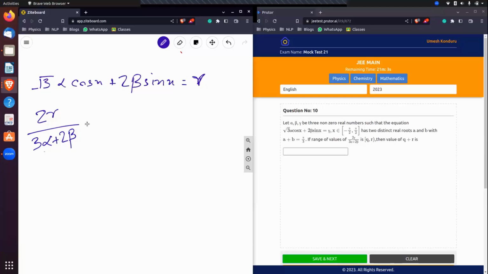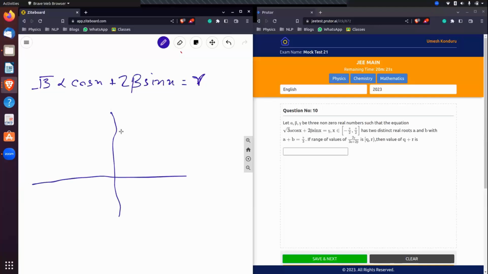I guess one way of doing this might be... we've also been given the roots of this equation. Their sum is 3. So what does that tell us? Let's try plotting this function on the right and see what it looks like.